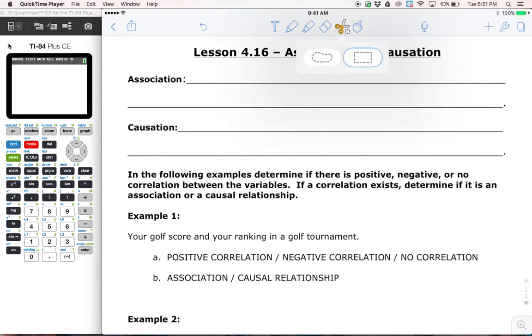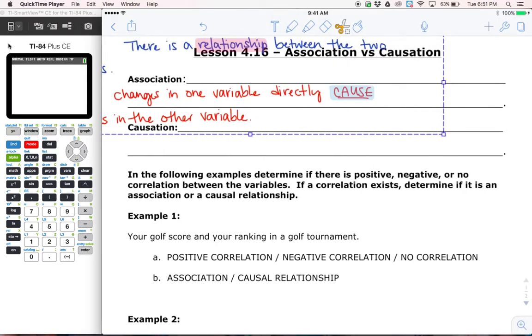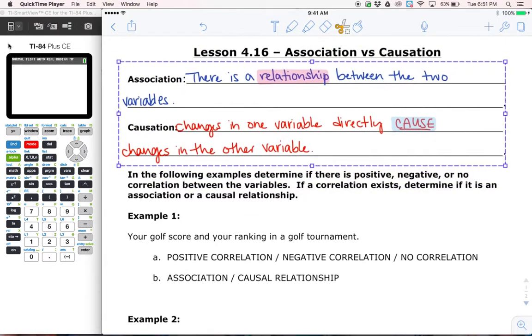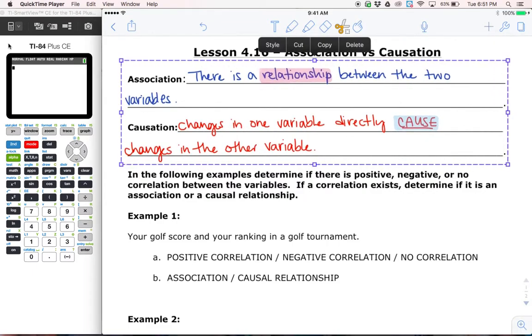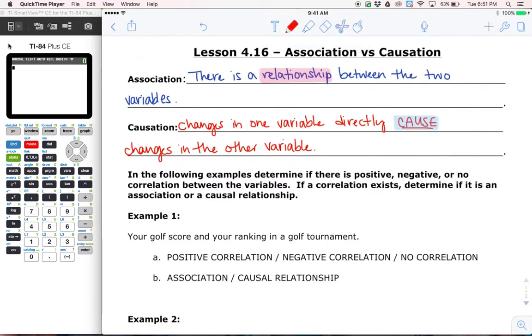Very briefly, the definitions for these are right here. For association, we would say that there is just some kind of a relationship between the two variables. If things are associated, they have some kind of a relationship.